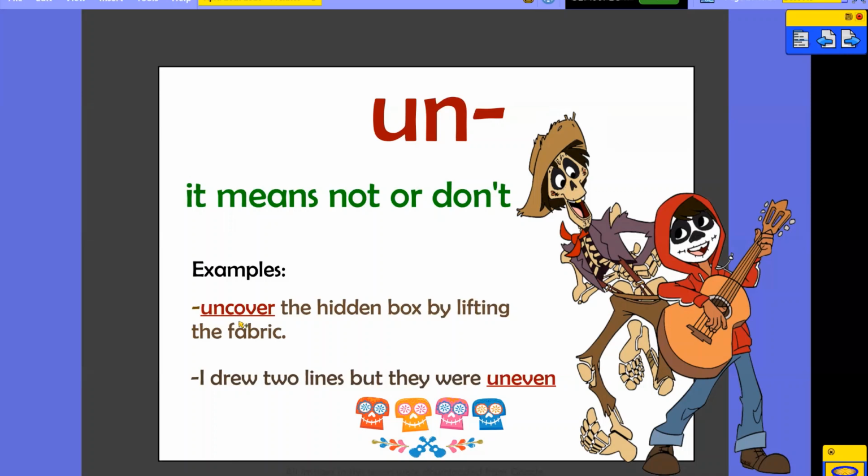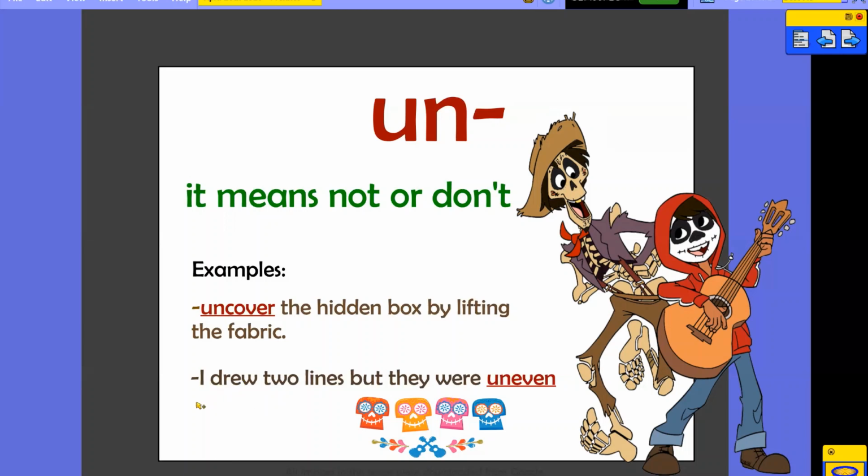So you see, instead of making the sentence so long and complex, we simply add un to the beginning of the word cover, and it becomes a simpler, shorter word with a long meaning. Again, uncover means do not cover.